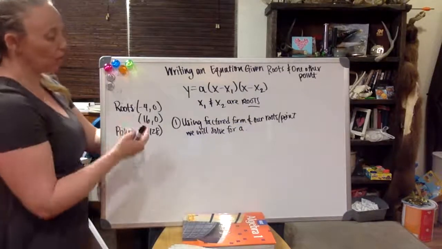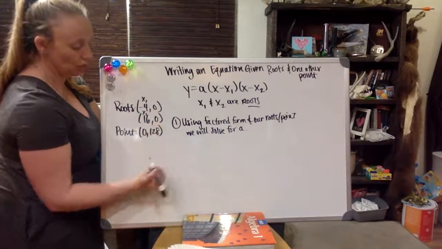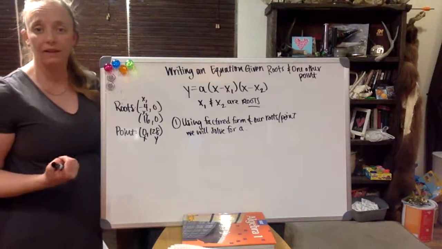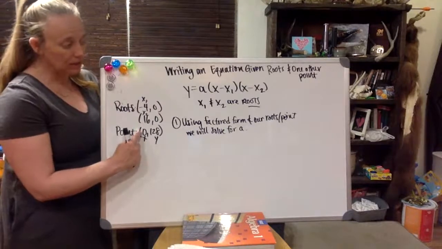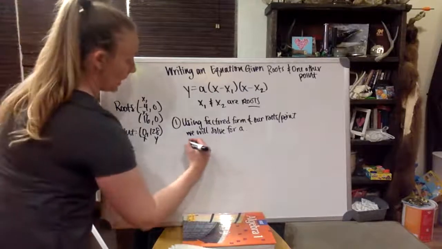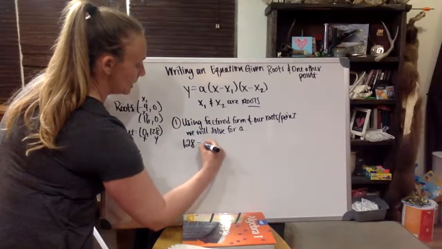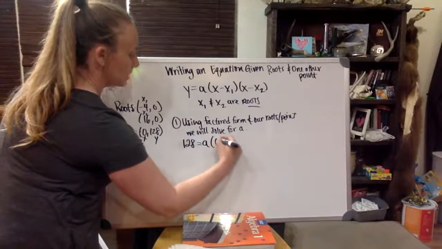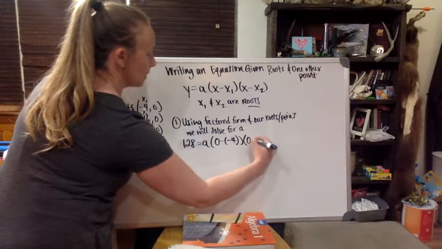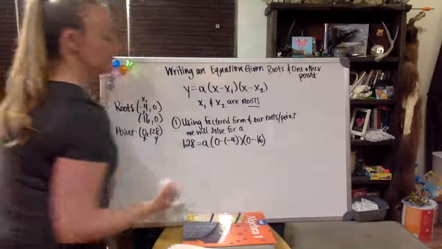So we have here our x1, our x2, an x value and a y value. We have everything figured out here except for our A. Notice I'm going to be putting 0 in here 2 times. That's okay. So we have 128 equals A times (0 minus -4) times (0 minus 16).